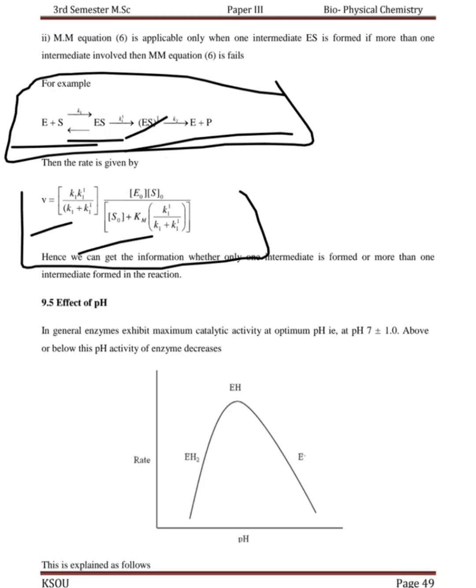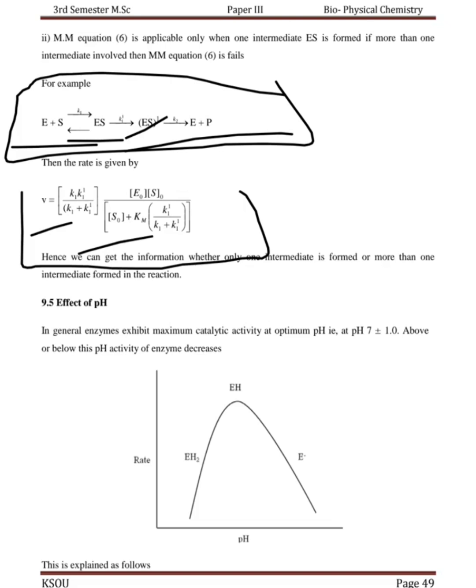So V is nothing but the rate at high substrate concentration, which can be written as V is equal to K1 into K1 dash.